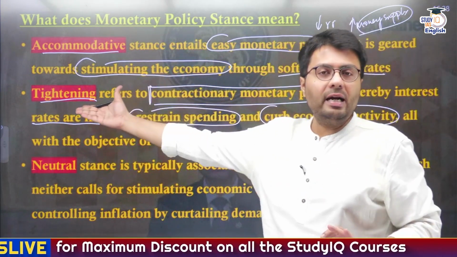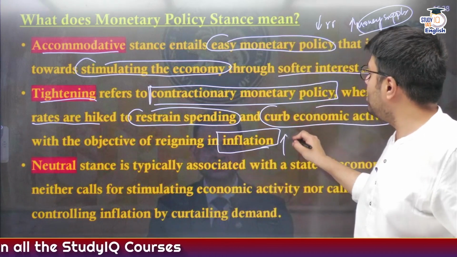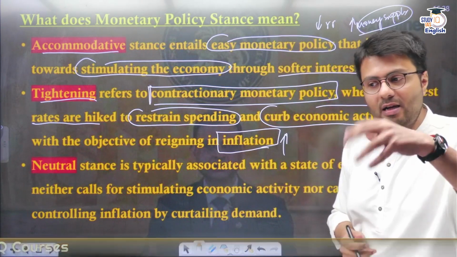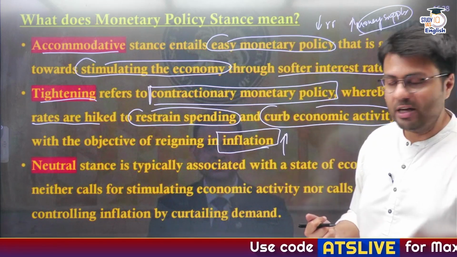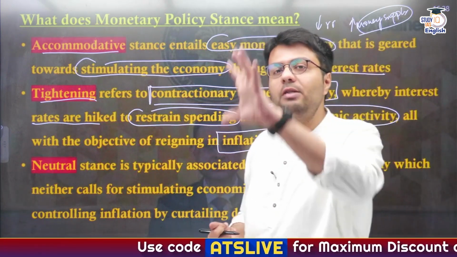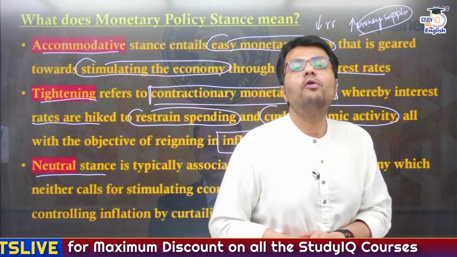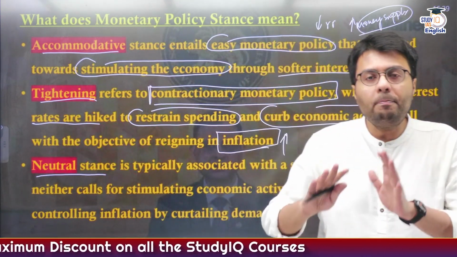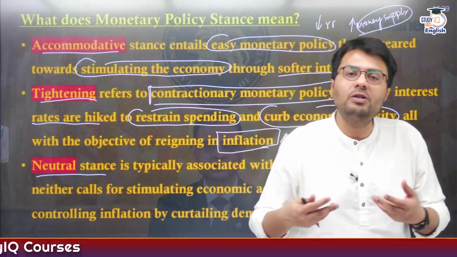So this kind of tightening policy is adopted by RBI whenever the inflation levels in the economy are high, and you understand the primary responsibility of RBI is what? To control the levels of inflation. And in between these two stances is what is called the neutral stance. Now when does RBI follow the neutral stance? Especially when the policy is quite uncertain or the economic conditions in the country are quite uncertain.